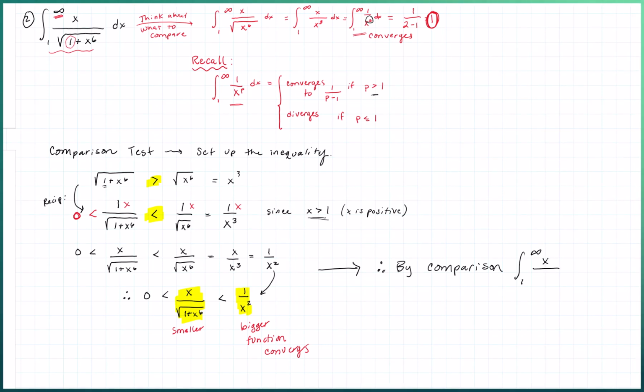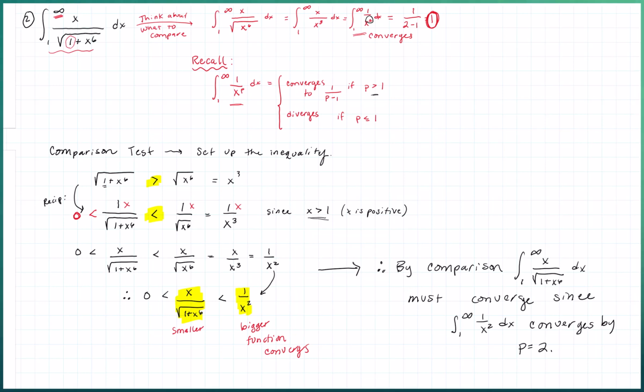So the integral from 1 to infinity of x over 1 plus x to the 6th dx must converge, since the integral from 1 to infinity of 1 over x squared dx converges by p equaling 2.